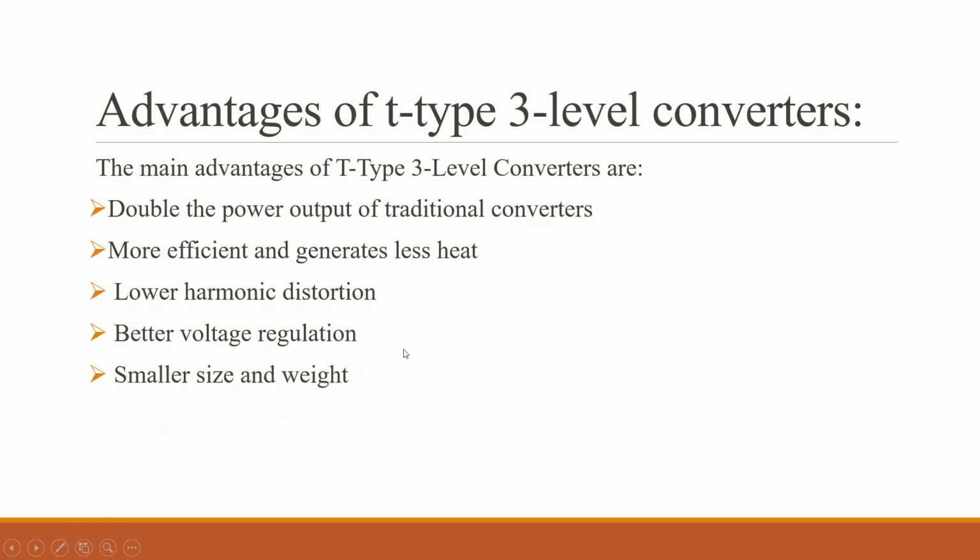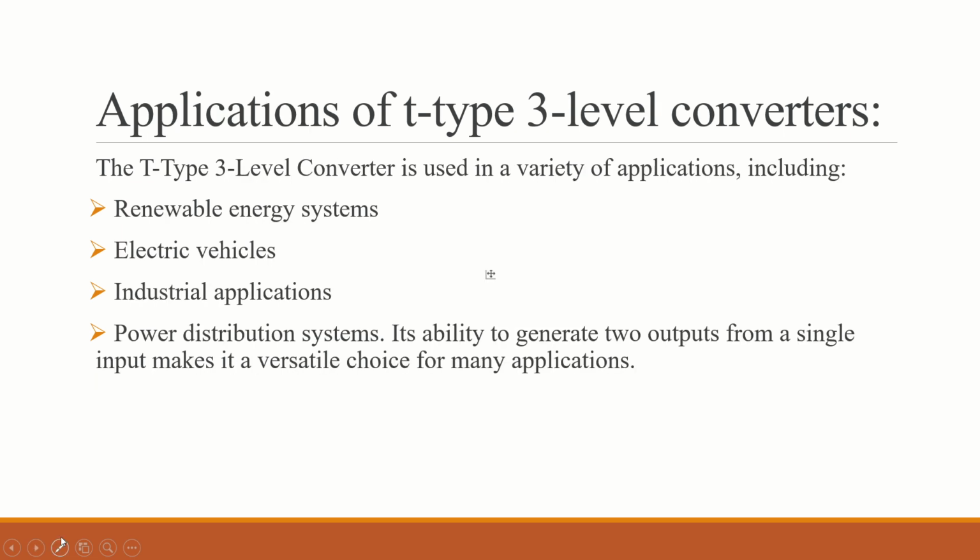The advantages are here. We have smaller size and weight, double the power output of traditional converters, more efficient, it generates less heat, low harmonic distortion, better voltage regulation. These are the applications of T-type three-level converters.